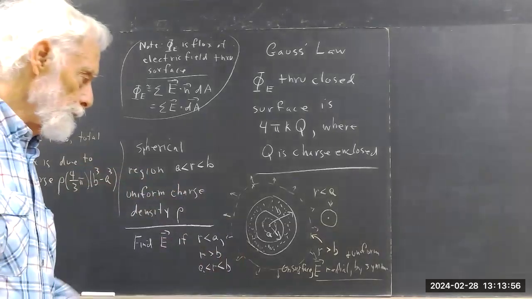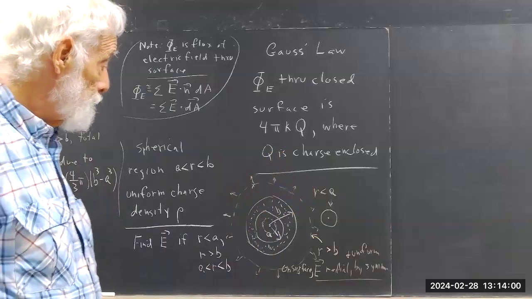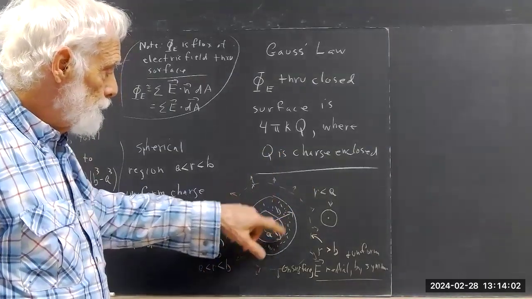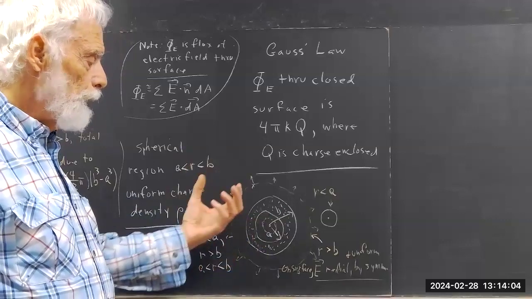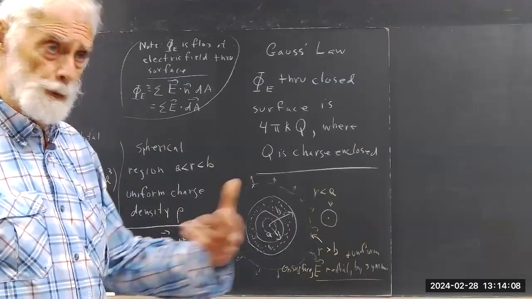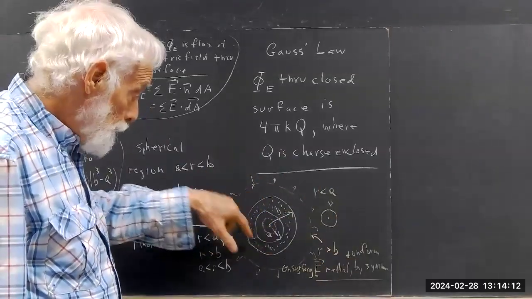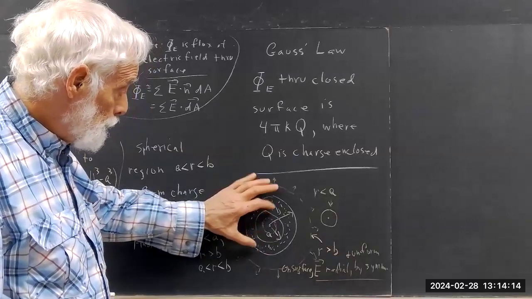We worked this out, we talked about it, people got it in their heads, that was good. Uniform distribution rho: if we multiply rho by the volume that the distribution occupies, we get the total charge. That's what charge density means. The volume occupied by the charge is the volume between these two spheres.